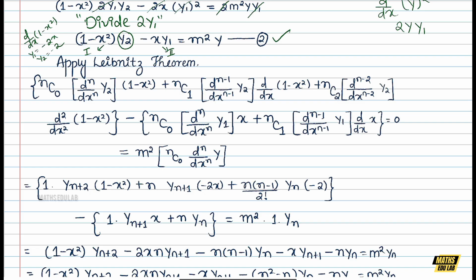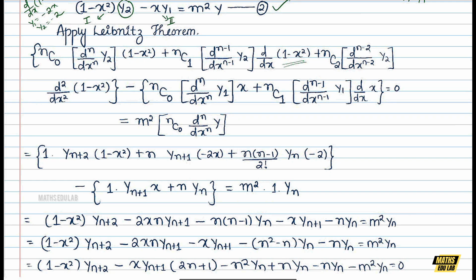On applying the Leibniz theorem, the first part will be written as nC0 d^n/dx^n of y2, because this is our recurrence function, plus nC1 d^(n-1)/dx^(n-1) of y2 with the derivative of 1 minus x^2 written here.